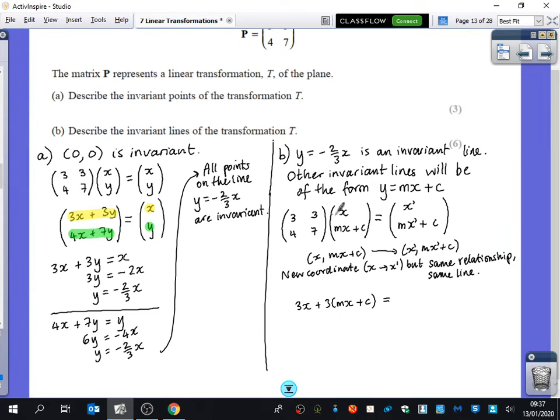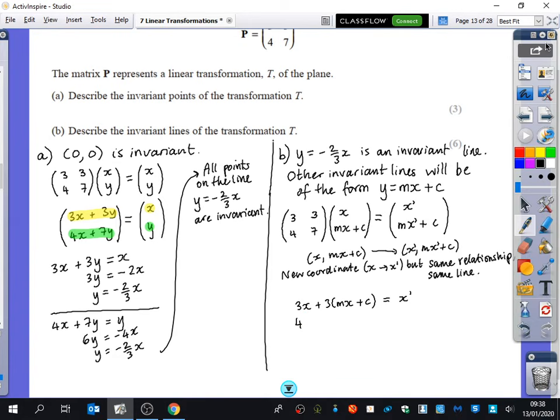It's just the top parts, is all I'm saying. So it's just equal to x dash. Now the bottom bit, I've got 4x plus 7, mx plus c, is equal to mx dash plus c.